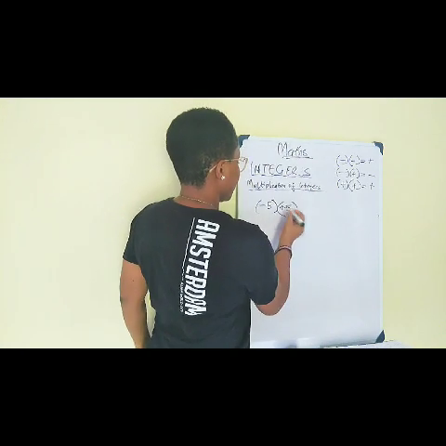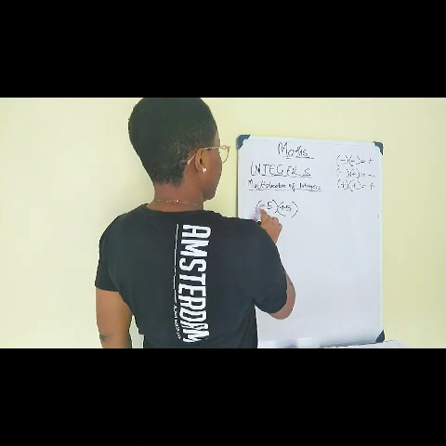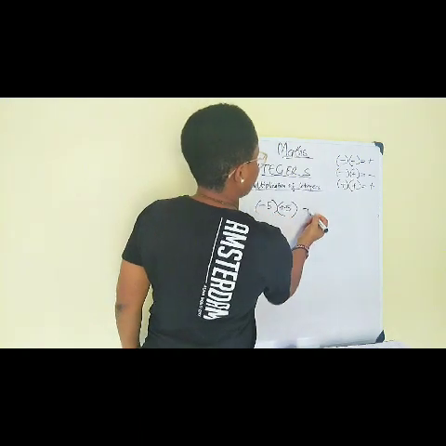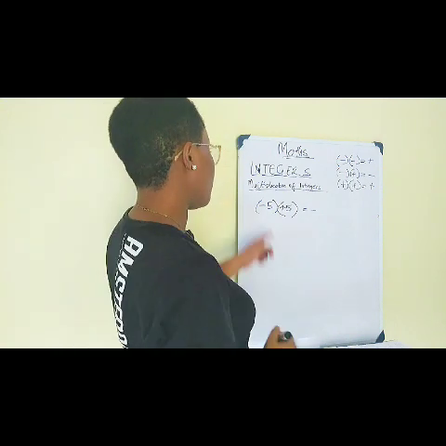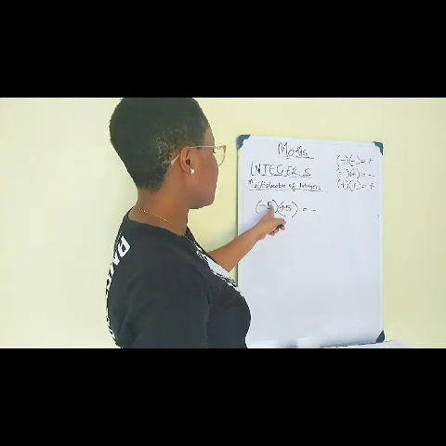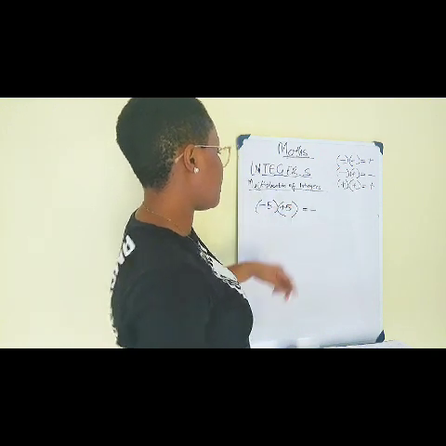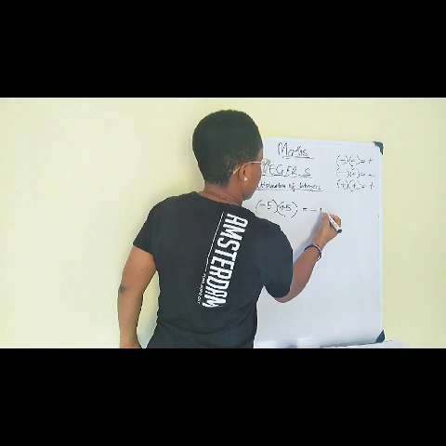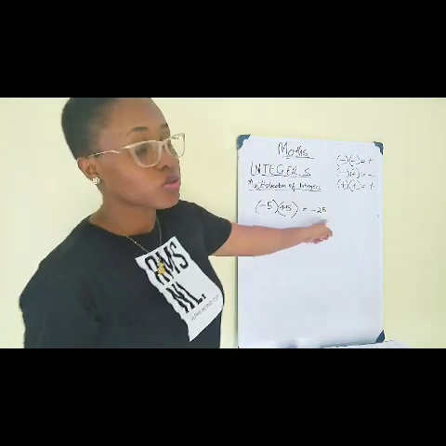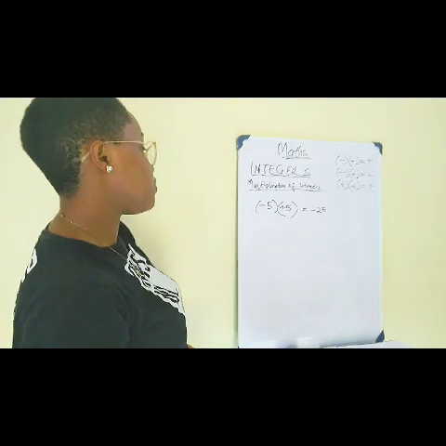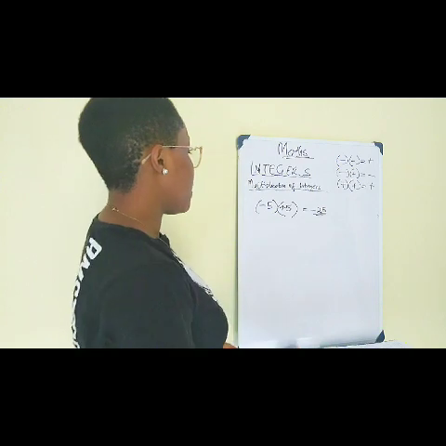So we'll go ahead and multiply the signs first. Negative times positive is going to give us a negative outcome. And then we'll multiply the digits. 5 by 5 is 25. So what we are going to have is a minus 25, negative 25. That is our outcome for this problem.